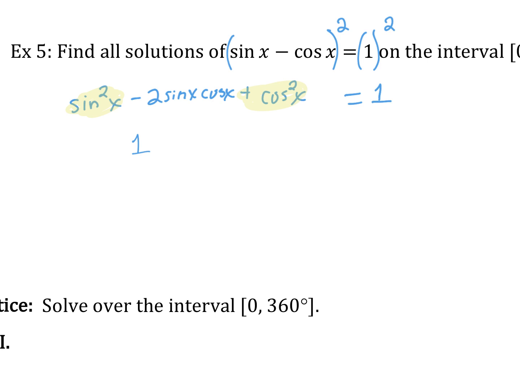I'm going to highlight this so that you can see and remember where that came from. Minus 2 sine x cosine x equals 1. So now if I subtract 1 from both sides, I get this.